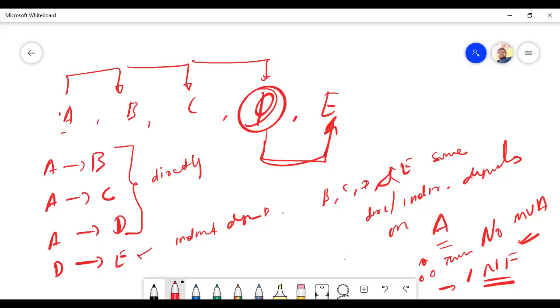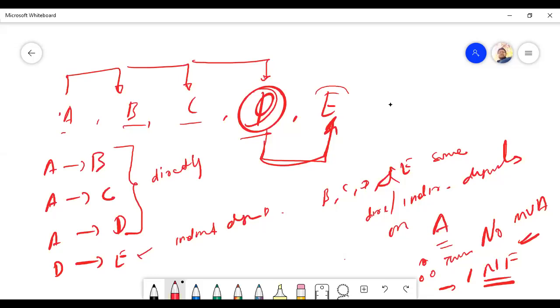Already we have seen that they are all directly depending on A, but here B, C, D are directly depending, and at the same time E is indirectly depending on A. So either directly or indirectly, if the attributes depend on the primary key, we can simply say there will be no multi-value attribute. If you don't have any multi-value attribute, then in the next line you can write that the given relation is at least in first normal form, right?